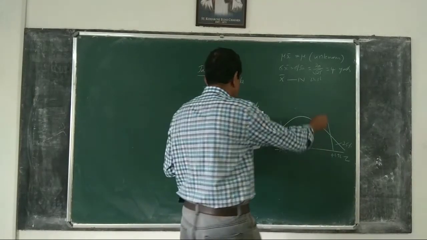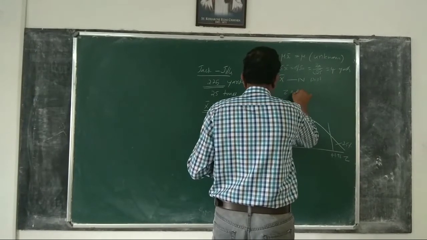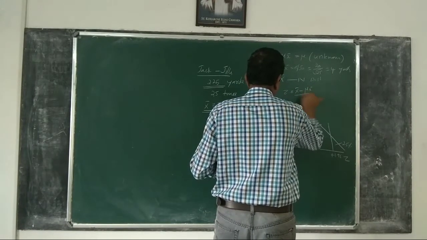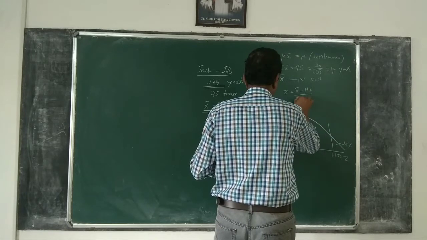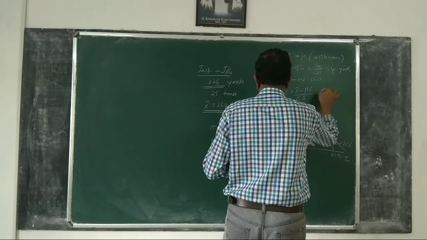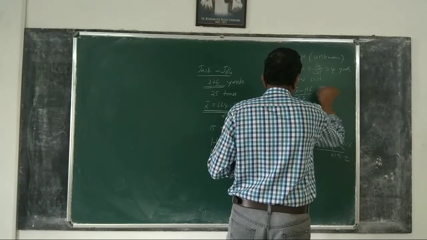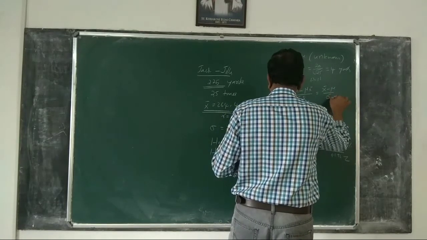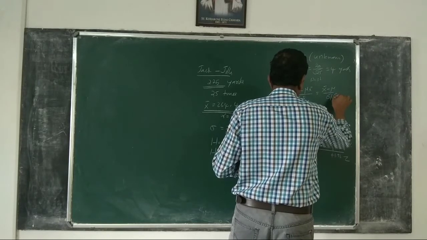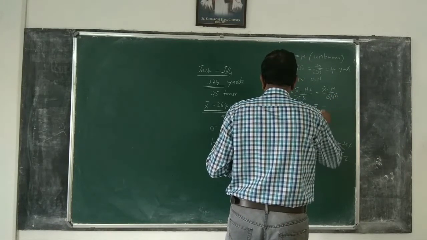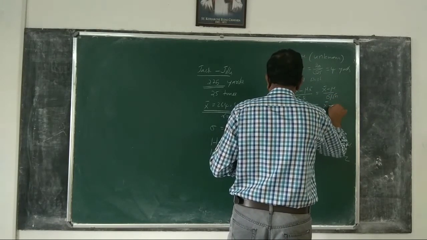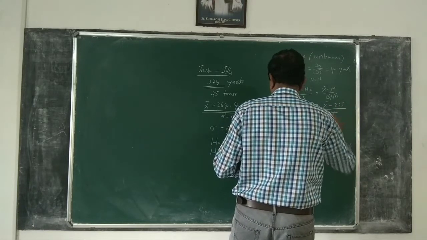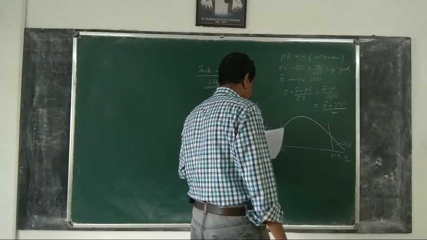Then Z is x bar minus mu of x bar divided by sigma of x bar, which is x bar minus mu divided by sigma by root n, because mu of x bar is equal to mu. This is equal to x bar minus 275 divided by 4.